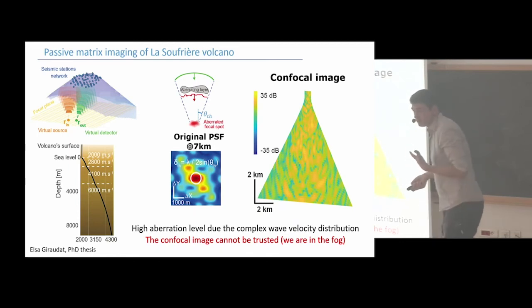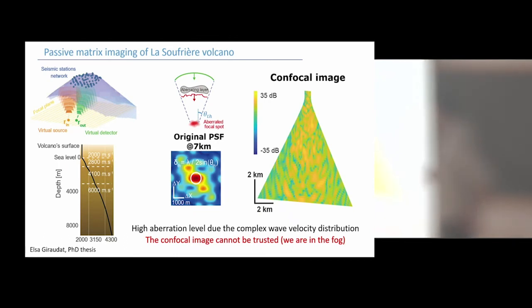Of course, it's always better to use the best wave velocity model you can have. So here, Elsa used a multi-layered model to first project the reflection matrix from the network of geophones inside the volcano. We get this reflection matrix. We can look at the PSF, the point spread function, so it gives you the focusing quality, as I told you before.